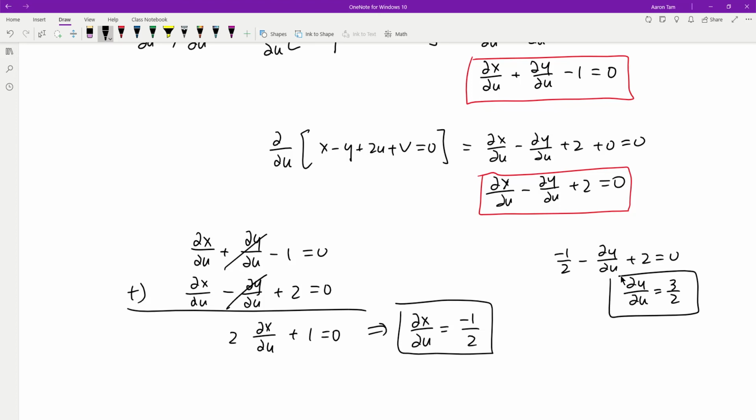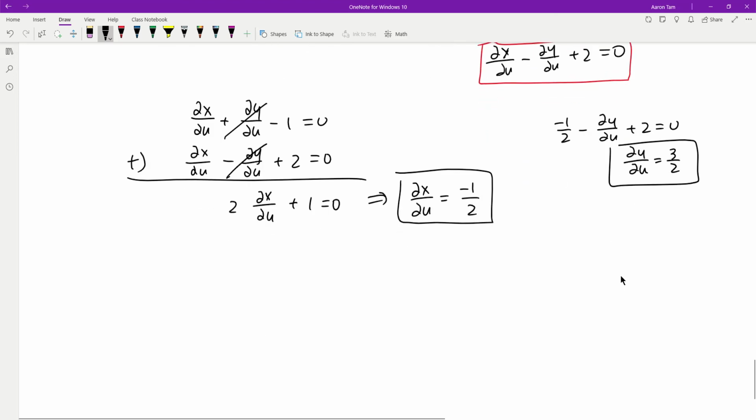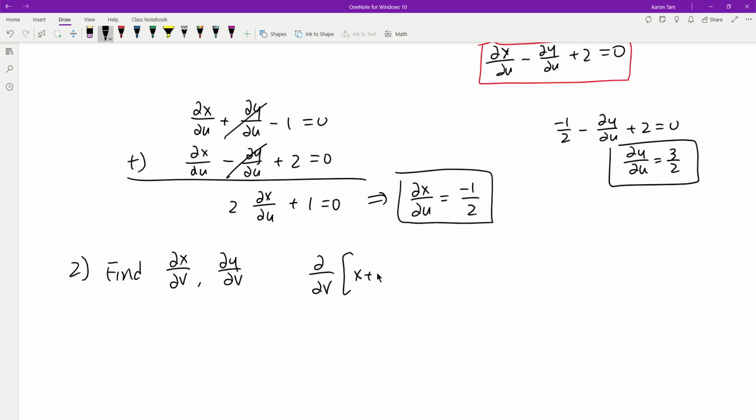Now what we can do is find dx over dv and dy over dv. So number 2, let's find dx over dv and dy over dv. Once again, you're finding both of these together. So what do I do? Same way as before, I'm going to take d over dv of my first equation.